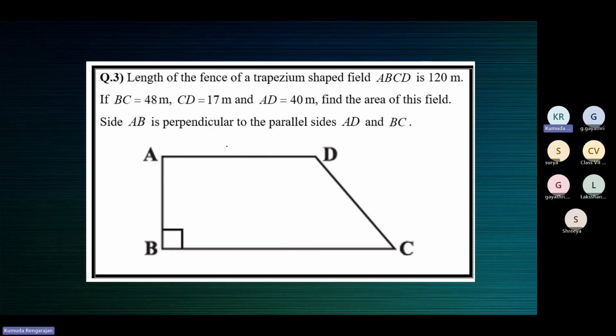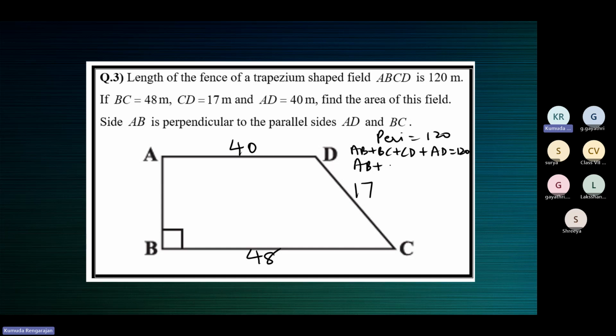So what is known, children? BC is 48, CD is 17, AD is 40. Now the perimeter is equal to 120, correct? That means the sum of the four sides is the perimeter. So AB plus BC plus CD plus AD is equal to 120. AB we don't know.